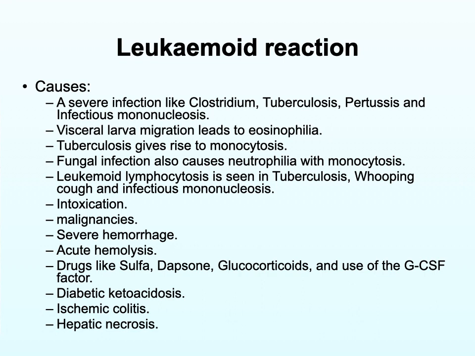Leukemoid lymphocytosis is seen in tuberculosis, whooping cough, and infectious mononucleosis. Other causes are intoxication, malignancy, severe hemorrhage, acute hemolysis, drugs like sulfapyridine, glucocorticoids, and granulocyte colony-stimulating factors, diabetic ketoacidosis, ischemic colitis, and hepatic necrosis.